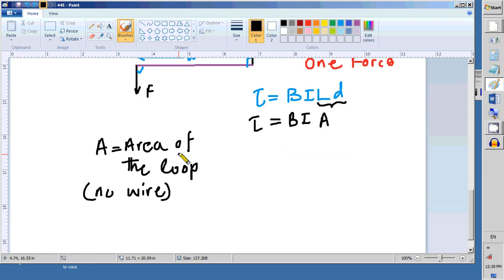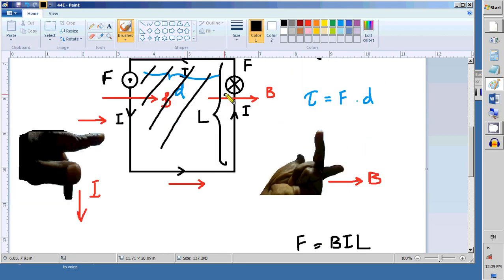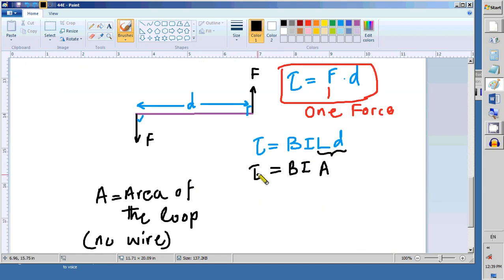Capital A is the area of the loop. That means this area. It is a certain big value. So now we have received capital A in this equation. B is constant everywhere, I is constant.